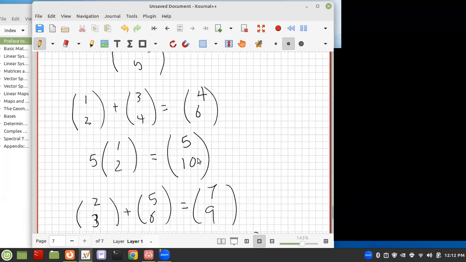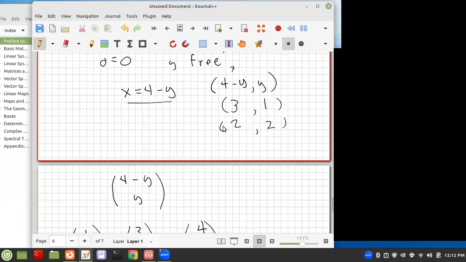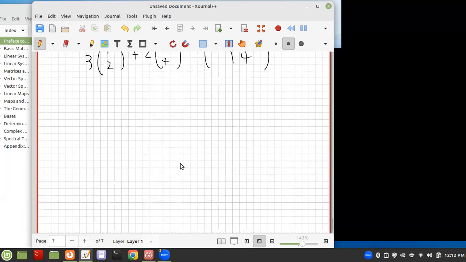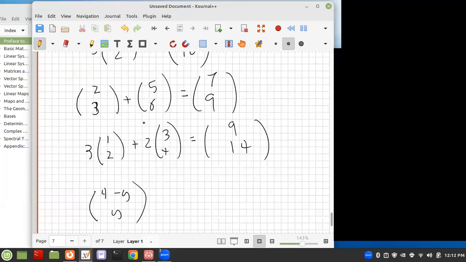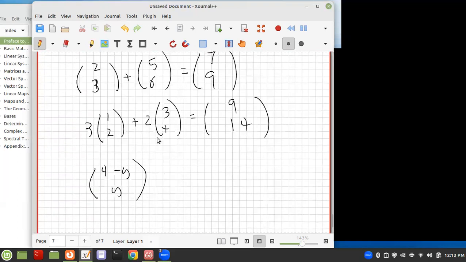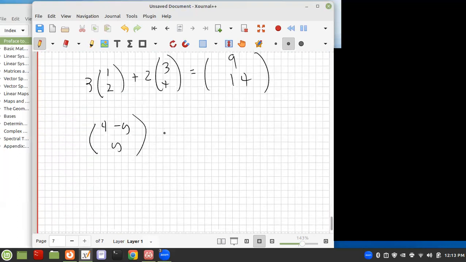Okay. So the point of this is we're going to use these operations. So up here we have this thing, 4 minus y and y. Well, now we're going to use these operations in reverse. We're going to think of this as sort of lined up like 4 minus y, 0 plus y. I can think of this minus sign here as maybe plus a minus y.